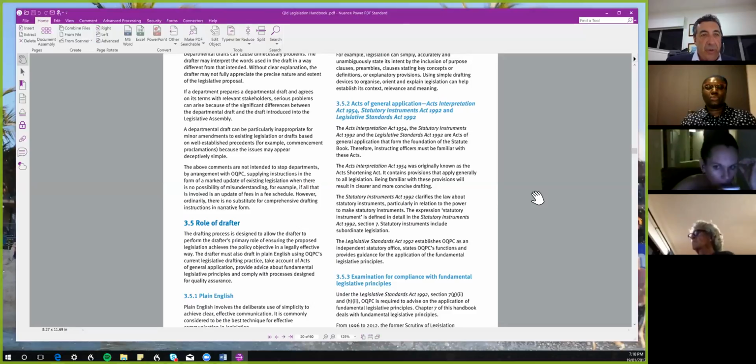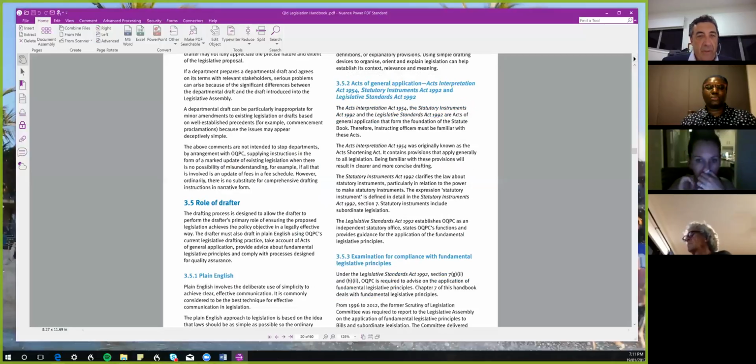The Statutory Instruments Act clarifies the law about statutory instruments, particularly in relation to the power to make those instruments, and it also defines the term statutory instrument, which includes subordinate legislation. And the Legislative Standards Act establishes the Office of the Queensland Parliamentary Council as an independent statutory office and outlines its function and the fundamental legislative principles.